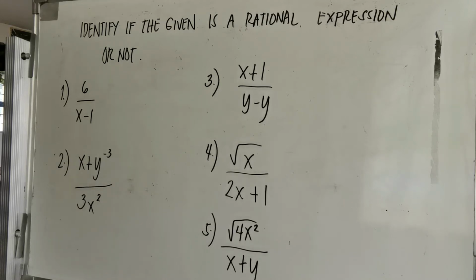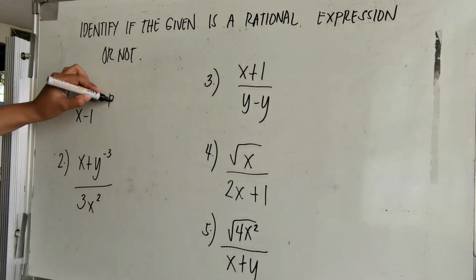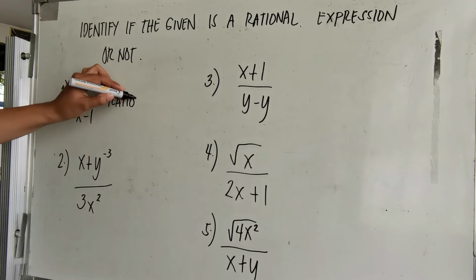So kung i-observe natin ang ating numerator and yung ating denominator which is a polynomial, we can consider this as rational since wala naman tayong 0 sa denominator and radical sa both parts of our given. So, ibig sabihin, number 1 is rational.